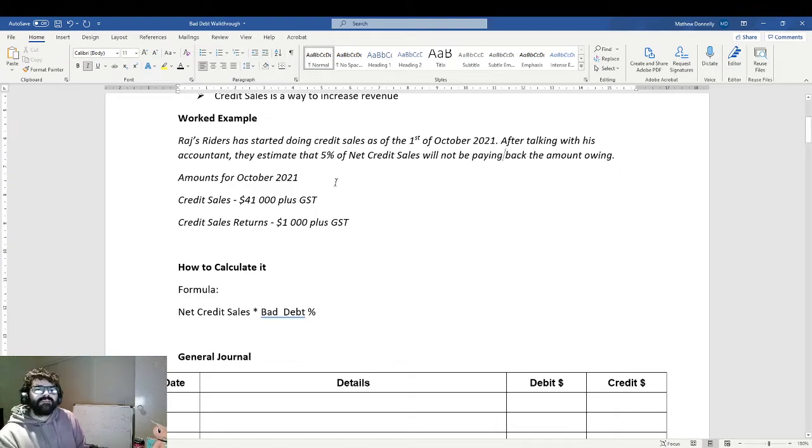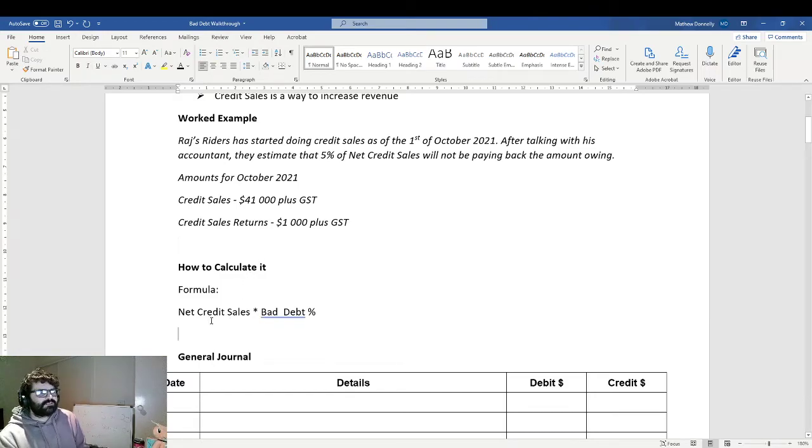And then he's giving you the amounts for October 21. Now note that accounts receivable would be zero, because they haven't done credit sales until this point. So they started doing credit sales. Credit sales for the month was 41,000 plus GST, and the credit sales returns was 1,000 plus GST.